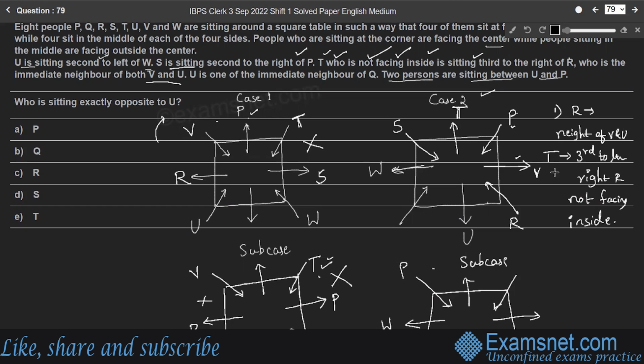Therefore, these conditions hold good in case 2. And the next point is U is one of the immediate neighbors of Q. Therefore, Q is sitting at the bottom left corner. So all points got over.